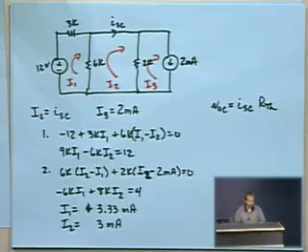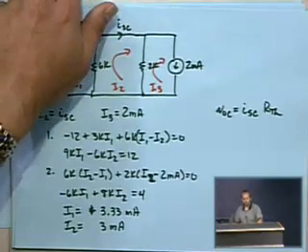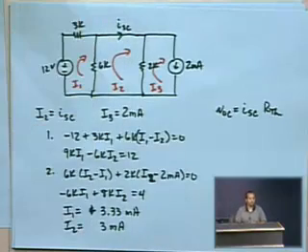One of the things I will always do, especially when I develop problems, is double check the answer by doing the problem a different way. When I steal homework problems and put them on exams, and I have the solutions given to me, I don't worry about it so much. You can do this as a Norton analysis, and the answer should be consistent between the two of them.